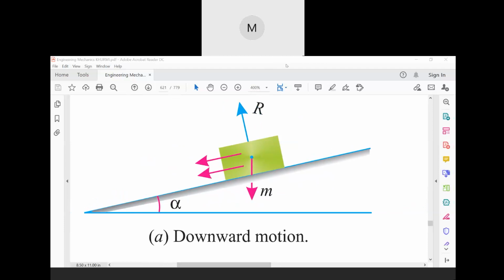Yes, sir. Here, look, we will have two components. One is the sin theta component and the other is the cos theta component.